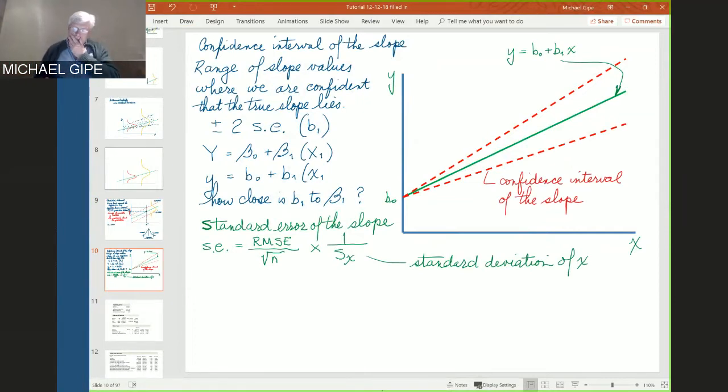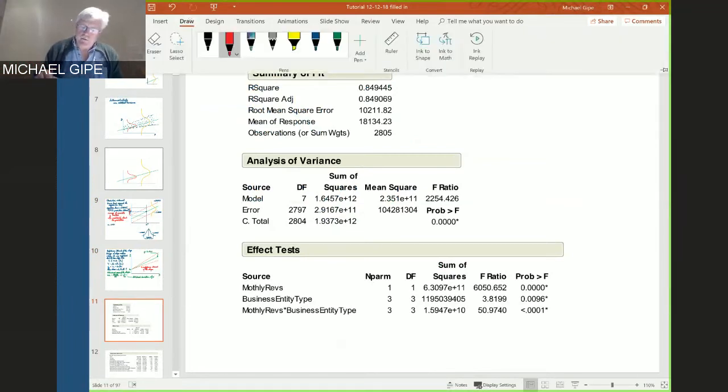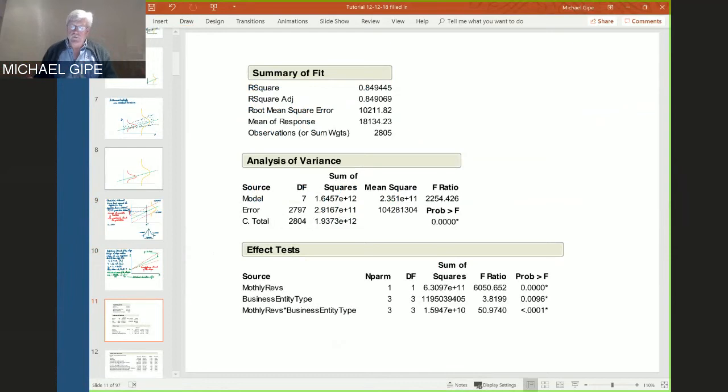Okay, so those are the key things that are going to be impacted by those assumptions about a simple regression model or a multiple regression model, and particularly the assumptions about the distribution of the residuals around the regression line. Let's go ahead and take a look at some of the JMP output that tells us a lot about these ideas and these difficulties we might encounter.